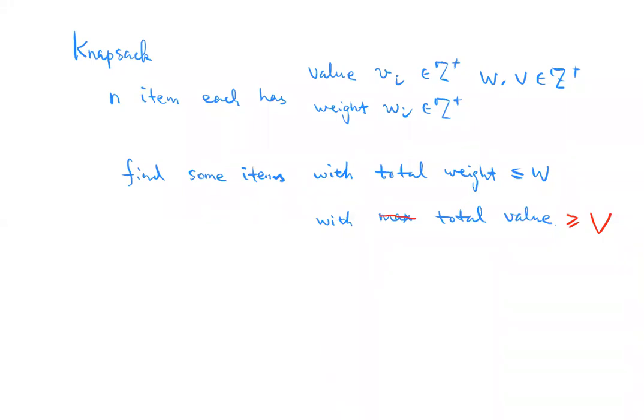So is there any problem that is a special case of this one in our toolbox? Actually, there is only one problem that deals with numbers. That's subset sum. Subset sum will be a special case of this one by setting value equal to weight.